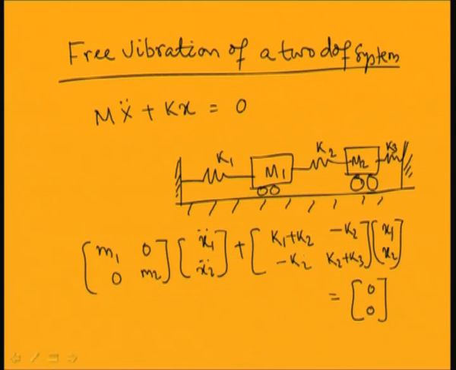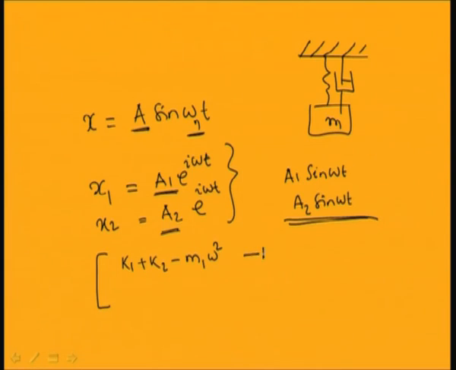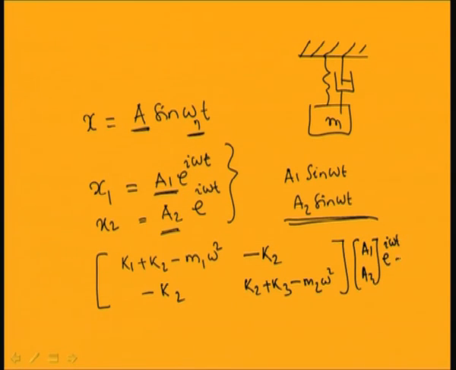And this is minus k2, then minus k2, and k2 plus k3 minus m2 omega square, multiplying a1 a2 e to the power i omega t, will be equal to 0 0.